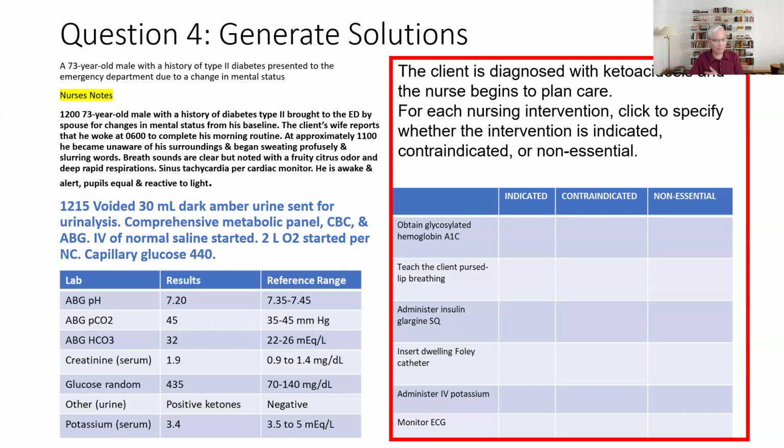All right. So let's see how you do. Is the question displaying correctly on your screen? Yes. Yeah, okay.